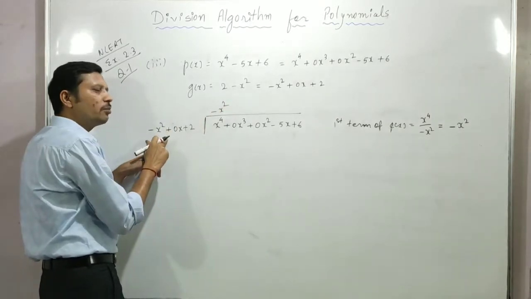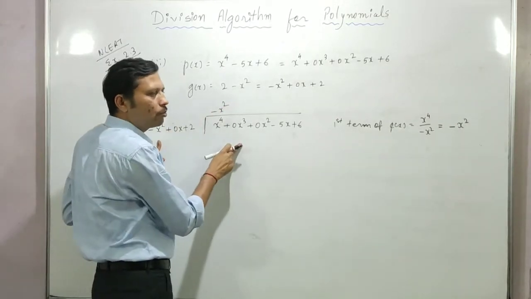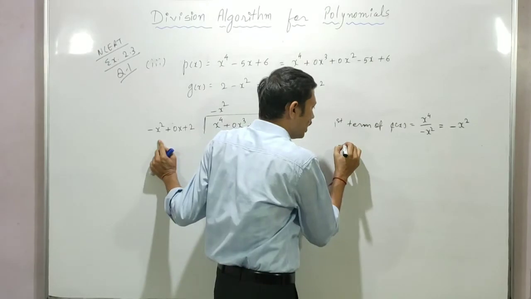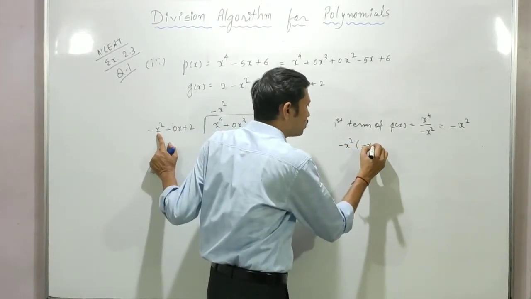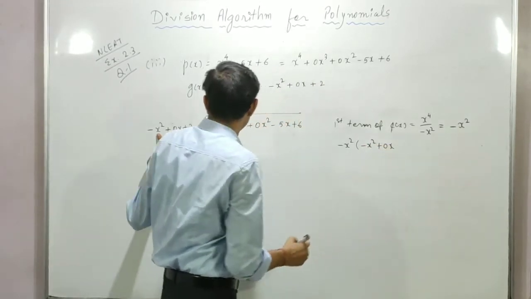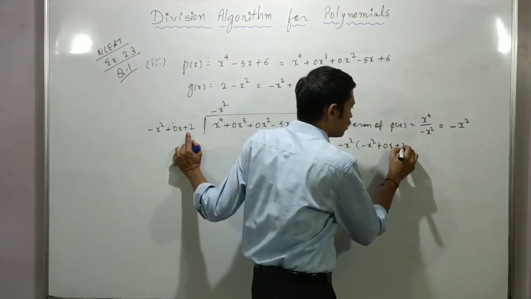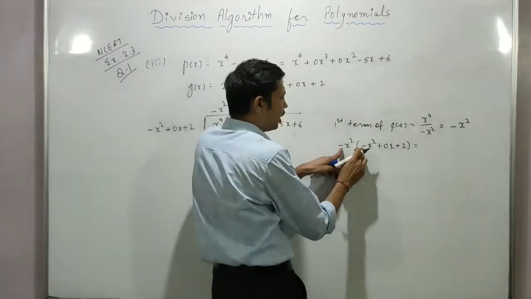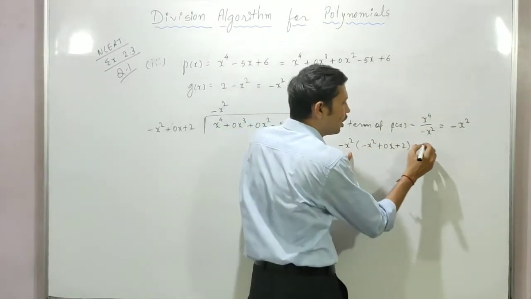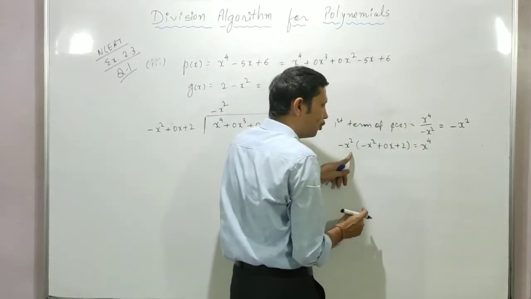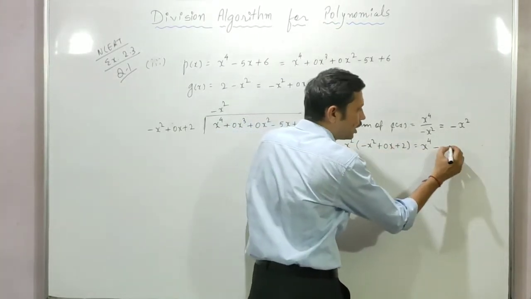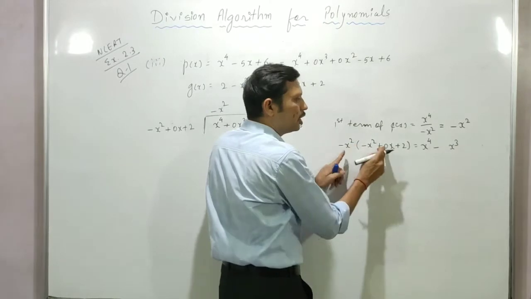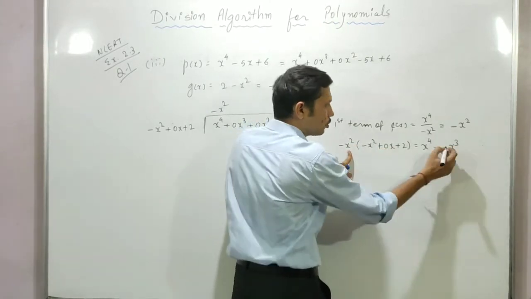Now this should be multiplied, and we have to write down the product here. So minus x square should be multiplied with the divisor, minus x square plus 0x and plus 2. Okay, now minus minus becomes plus. X square multiplied with x square is x to the power 4, minus plus minus x square multiplied with x cube, 1 multiplied with 0 is 0.